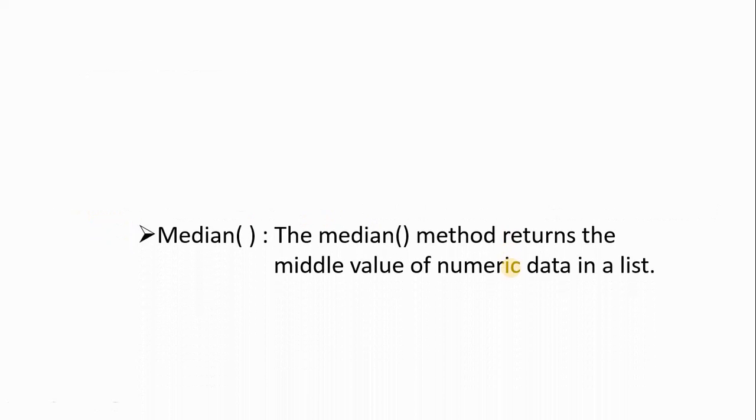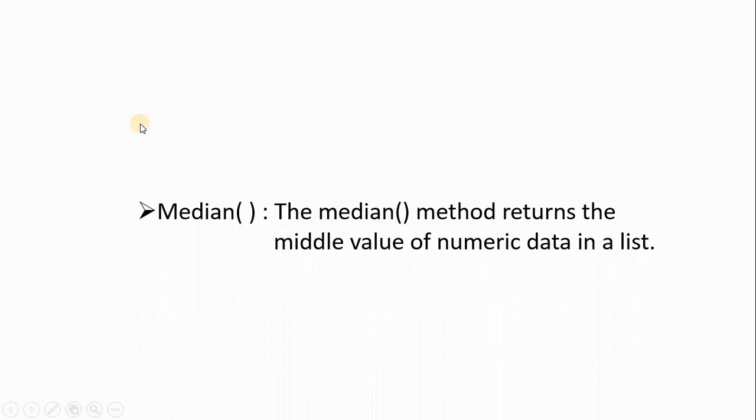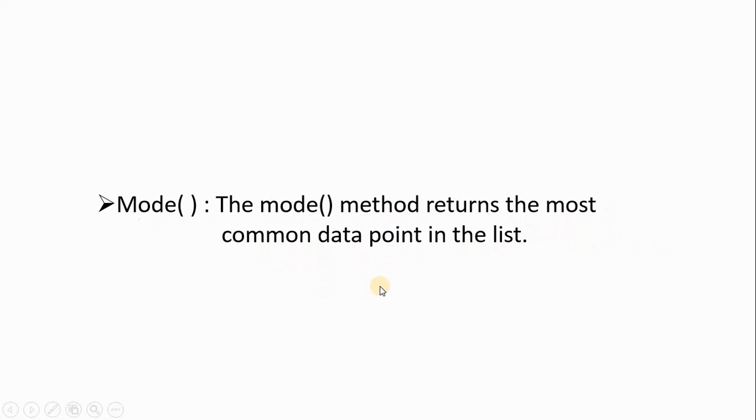Under this module, the second one is median. The median method returns the middle value of numeric data in a list. So in numeric data, the middle term is displayed. And the last one is mode. The mode method returns the most common data point in the list. That means the repeating value will be displayed.